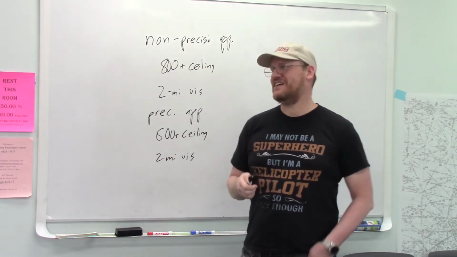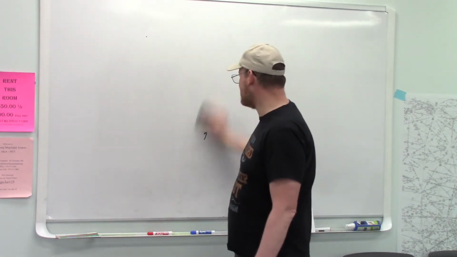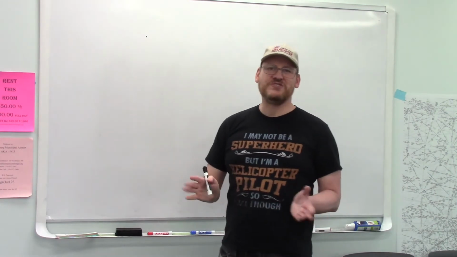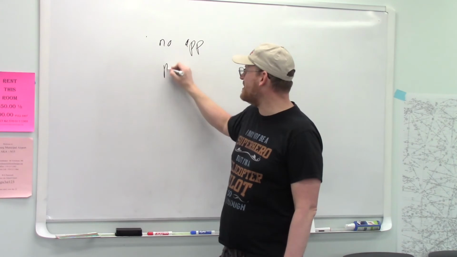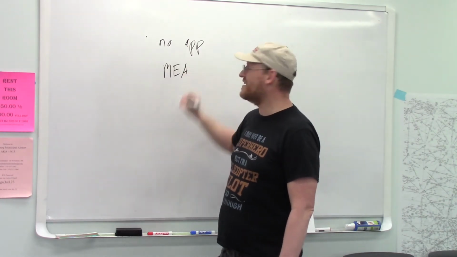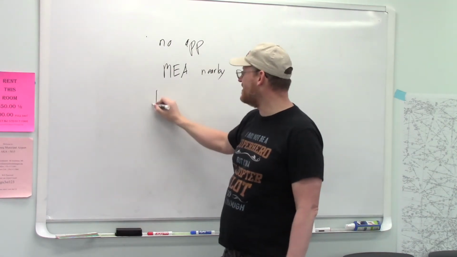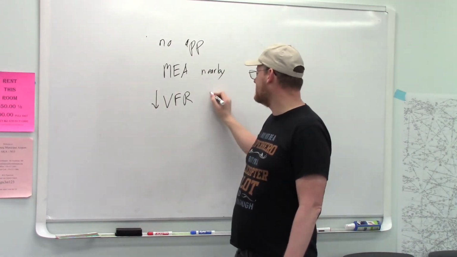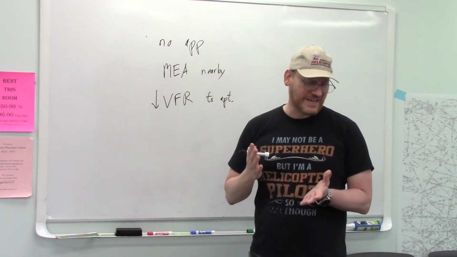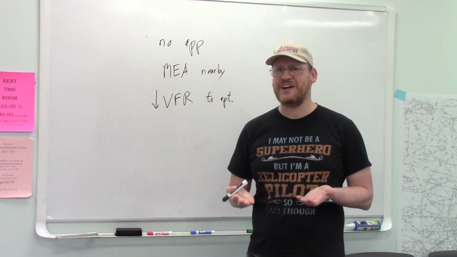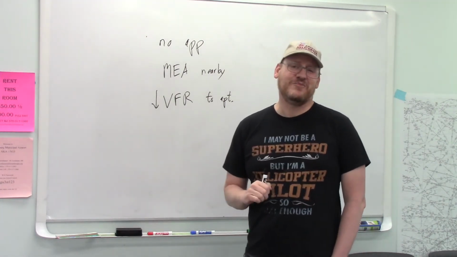Well, believe it or not, you can have an airport listed as an alternate where there's no approaches, but if you can descend from the MEA, the minimum en route altitude nearby, VFR to the airport, you can list it as an alternate. I can't think of a time where I ever did this, and honestly I don't know anybody that's done this, but it is allowed.